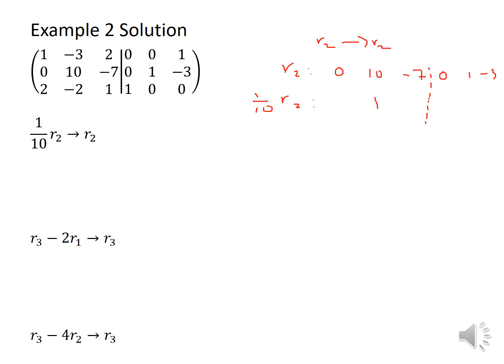So my R2, 0 multiplied 1 over 10 is 0. -7 multiplied 1 over 10 is -7 over 10. And 0 multiply 1 over 10 is 0. And so on. -3 over 10. So this is my R2. So I should replace this new value into second row.